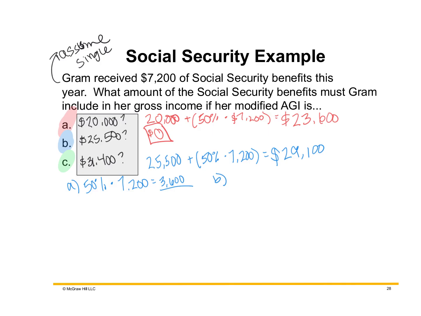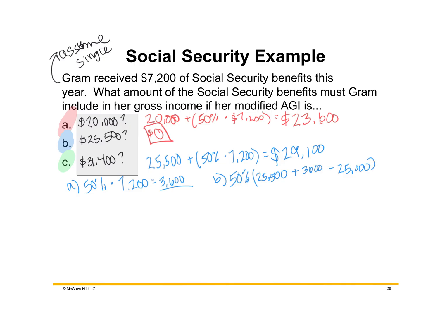Then option B is 50% of modified AGI, so that's 25,500, plus 50% of Social Security benefits, which we determined earlier, 50% times 7,200, that gave us 3,600, minus 25,000, because that is our lower bound.